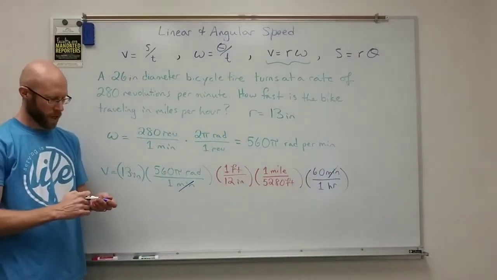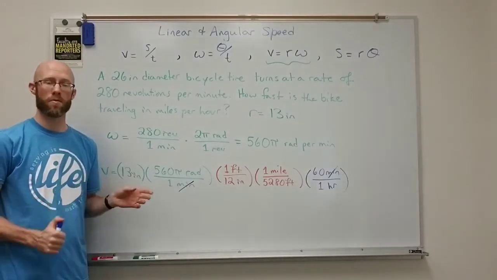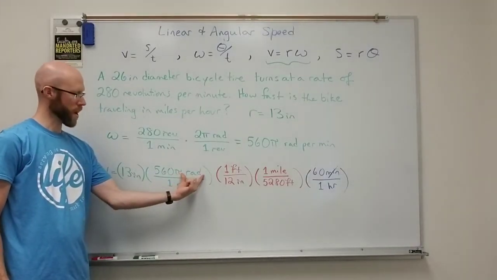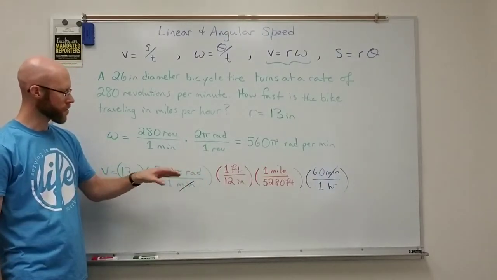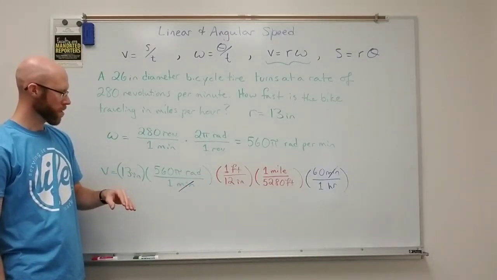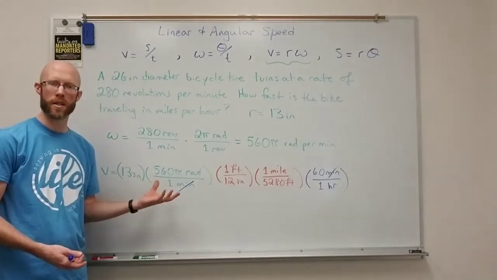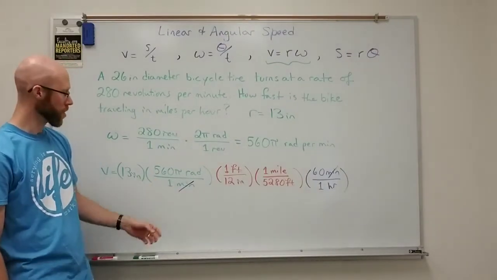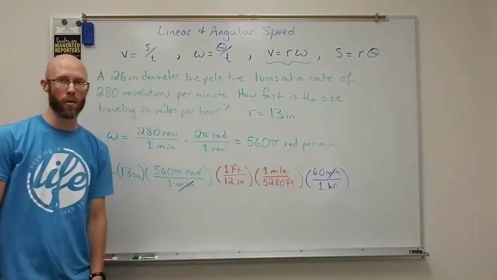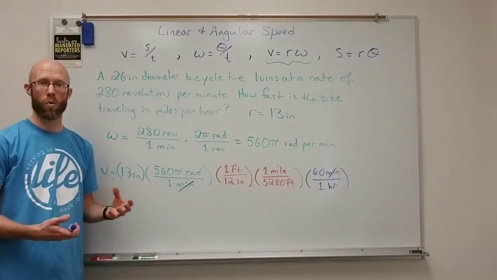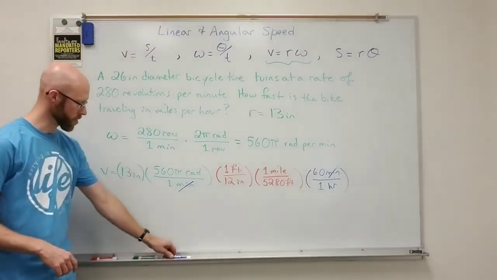Okay. Now what's interesting about these unit conversions is that we don't always have to cancel out the radians. The radians end up not really factoring into the units when we're done. So this, as it is, will be converted into miles per hour. We can often ignore the radians in those unit conversions.